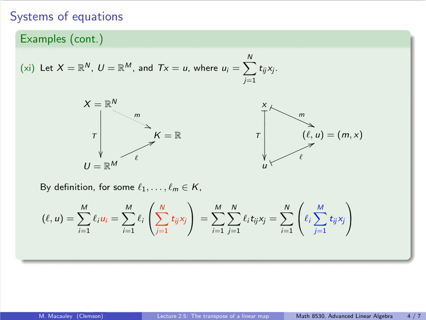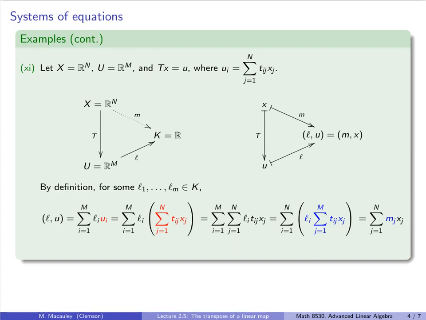And now from here, I can regroup the Li and the Tij's and write this as, instead of a sum of m terms, a sum of n terms, mj, xj.